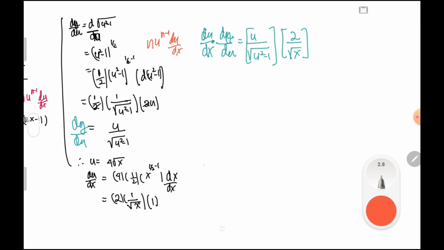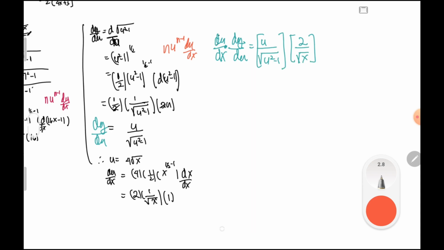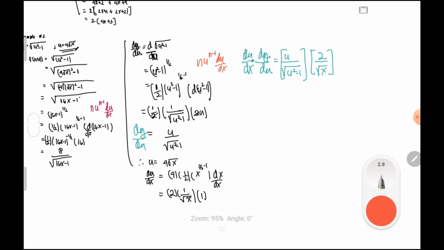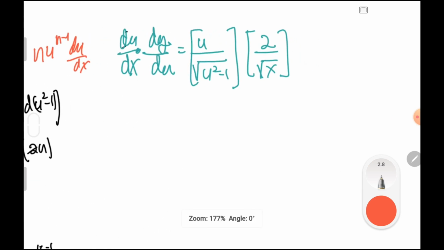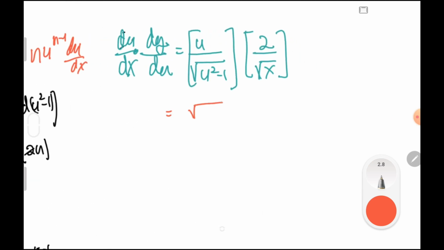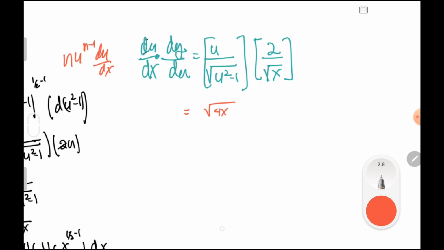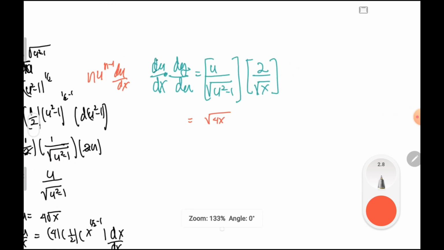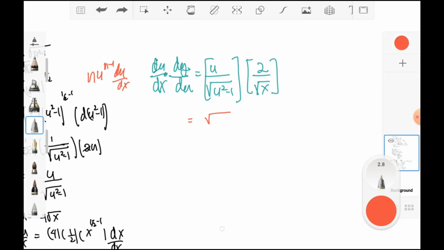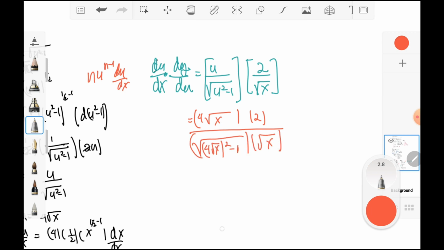So substituting the value of u, wherein our u was initiated as 4 square root of x, we have 4 square root of x multiplied by 2 divided by square root of x multiplied by square root of x.